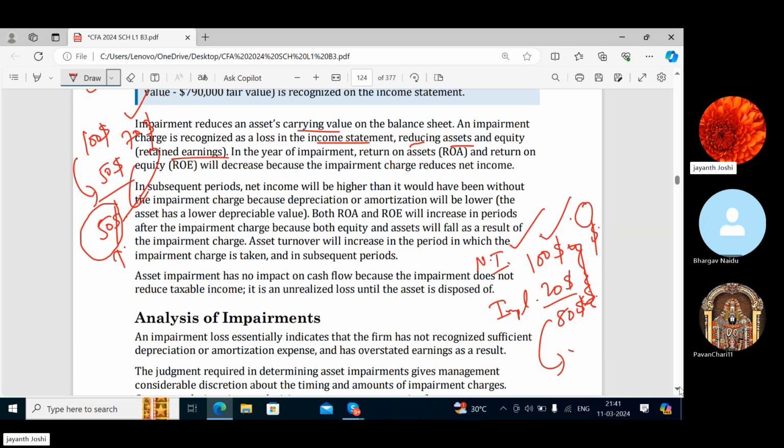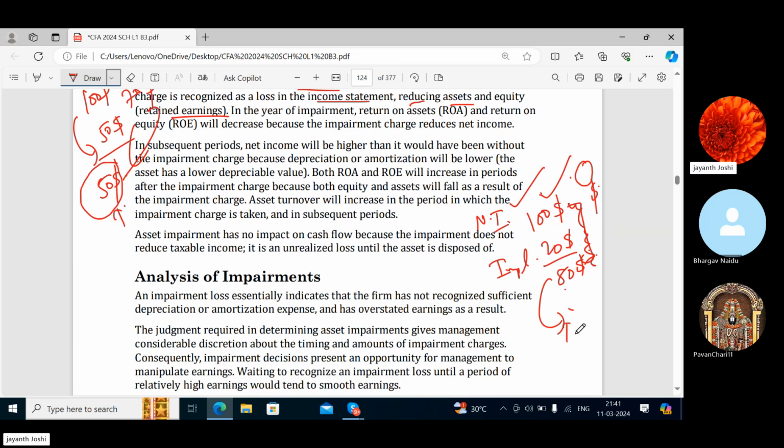Your net income has decreased, and this amount you will transfer to retained earnings instead of $100. So $20 less you are transferring to retained earnings, and in the balance sheet, let's say your intangible asset is $200, and because of impairment loss of $20, now your asset has become $180, reduced from 200 to 180.